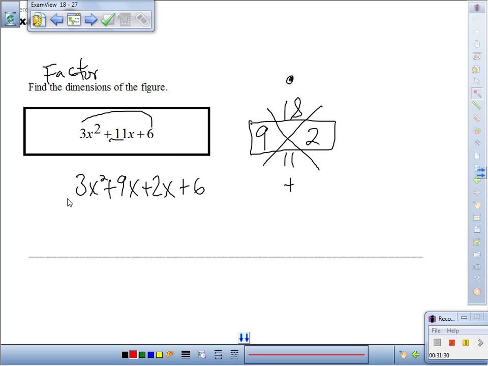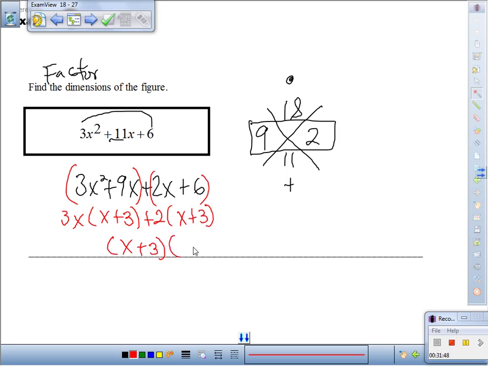Let's group these two and these two. What is GCF for these two? 3x, we're left with x plus 3, plus, what is GCF for these two? 2, we're left with x plus 3. So my factors are x plus 3 and 3x plus 2.